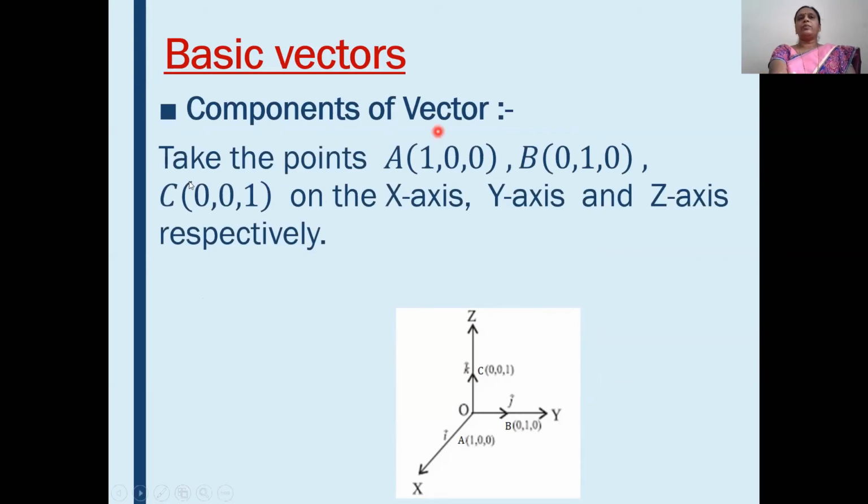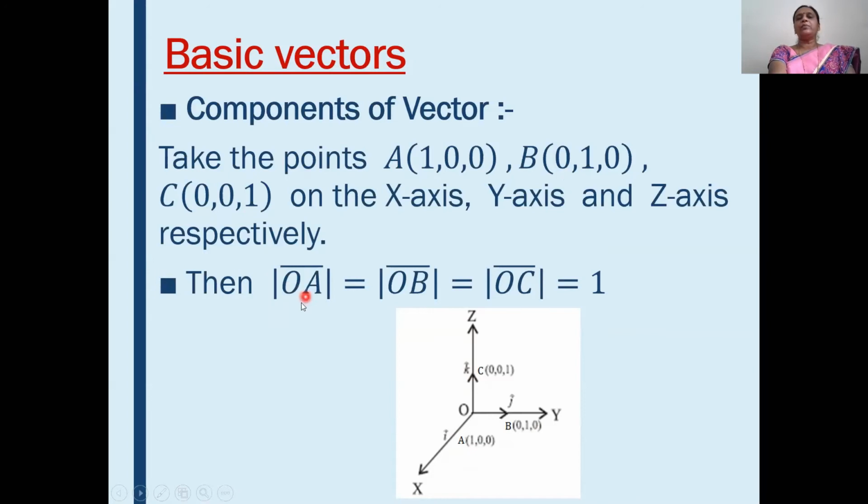See components of a vector. Take the points A(1,0,0), B(0,1,0) and C(0,0,1) on the x, y and z axis respectively. Now what will be the magnitude of OA, OB and OC?